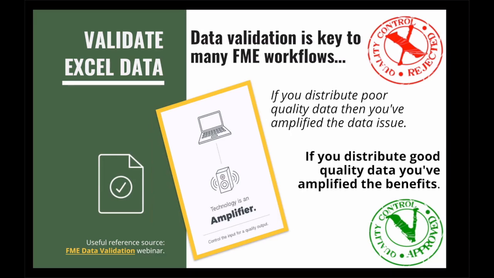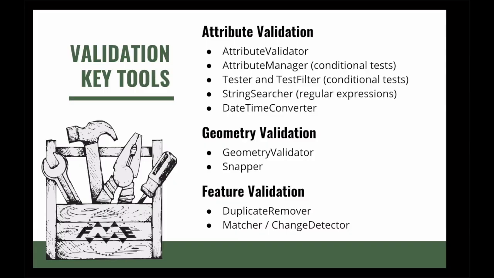So FME's got some great data validation tools in it that you can work with. The key one there is the surprisingly named transformer called the Attribute Validator. So that's for validating attributes. If you do have geometries on some of your data, like points or line work, we also have a Geometry Validator. And there's a bunch of other tools that FME has in there to work with that data.